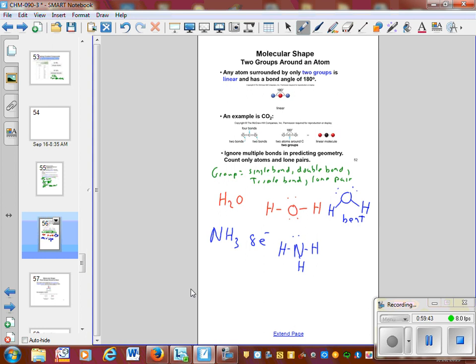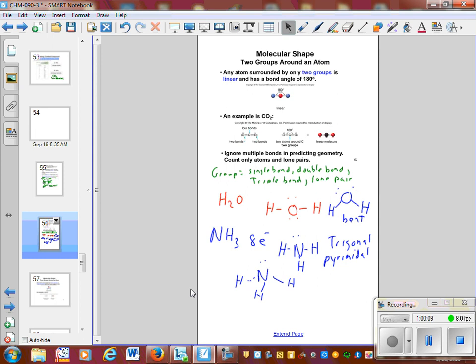So those different shapes give different properties to the molecules.